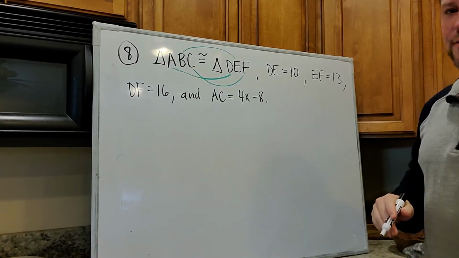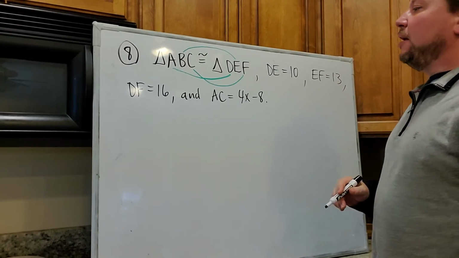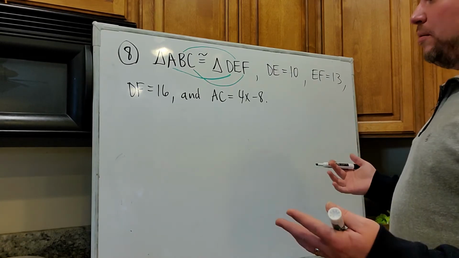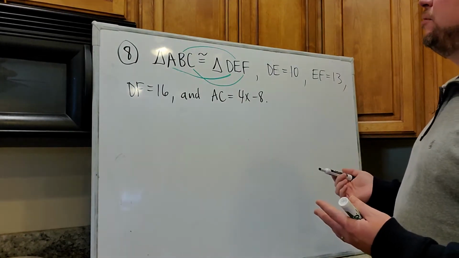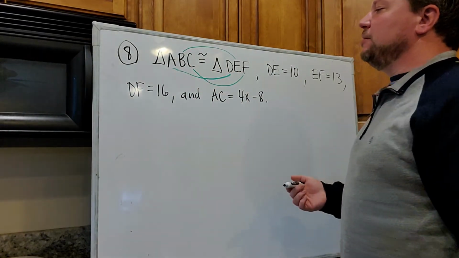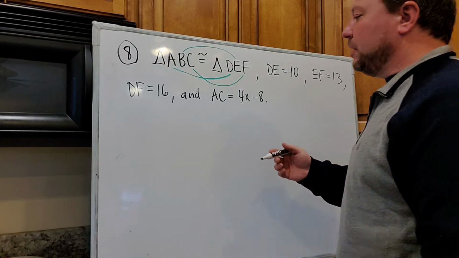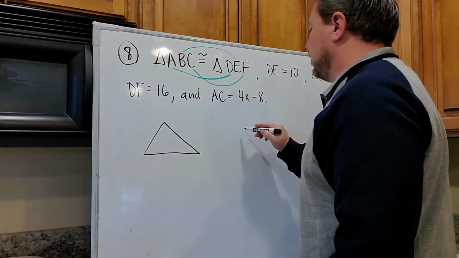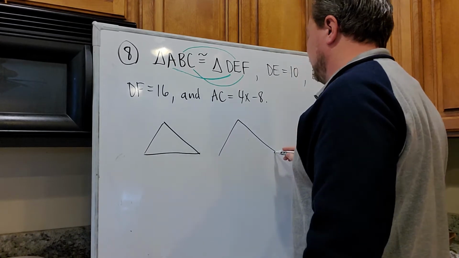And again, they want you to find x. All right, so you could draw a picture. Again, you don't have to. If you look at the corresponding parts here, you could actually figure it out without a picture, but I always like to have a visual of it, so I'll go ahead and draw a picture to go with it here.